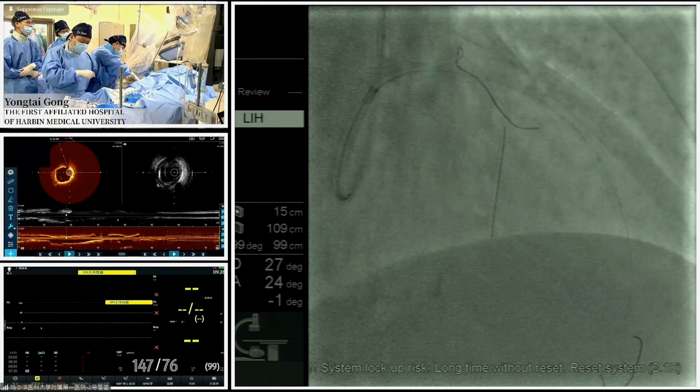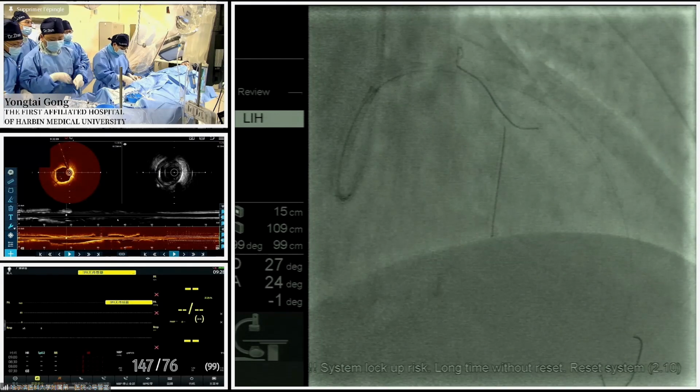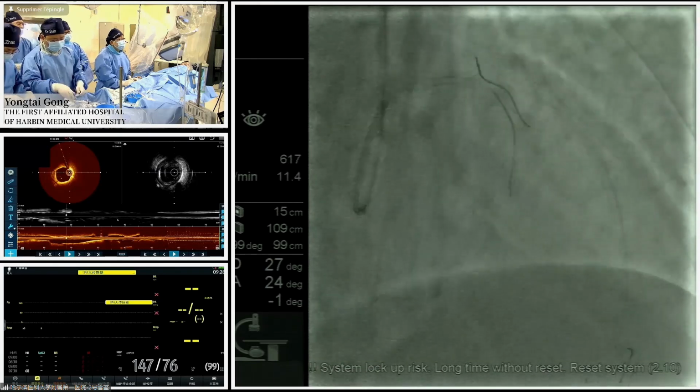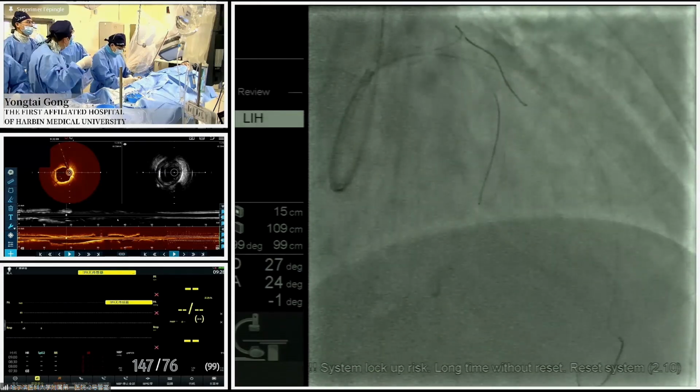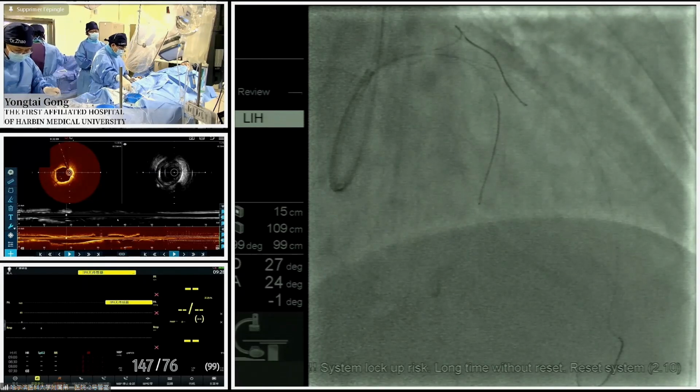For the stent length, we can calculate the distance between the proximal reference and the distal reference in the longitudinal view or the cross-sectional view, which avoids geographic miss.